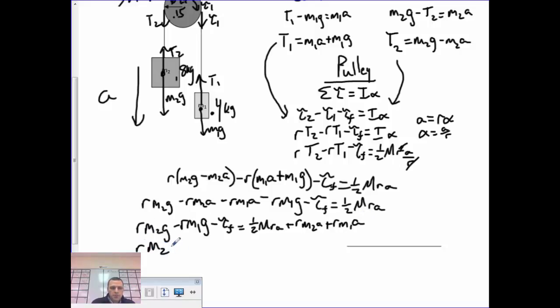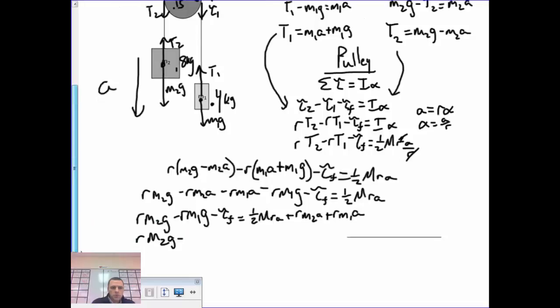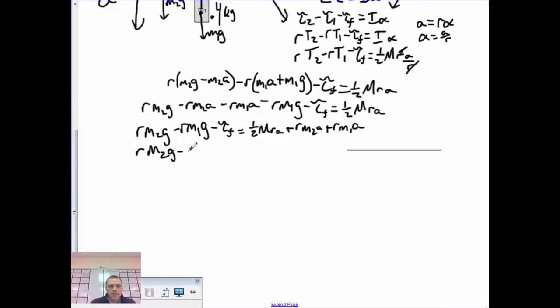Factor out the a: R m2g minus R m1g minus torque friction equals a times this quantity, 1/2 mR plus R m2 plus R m1.